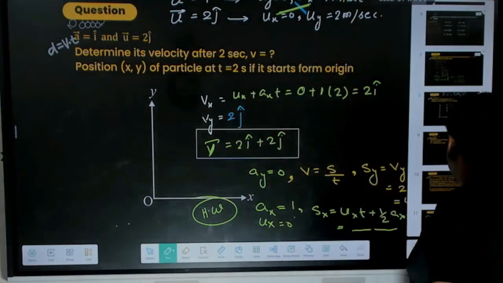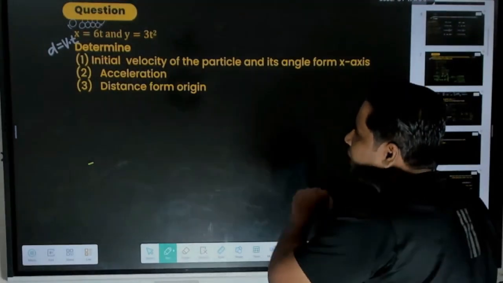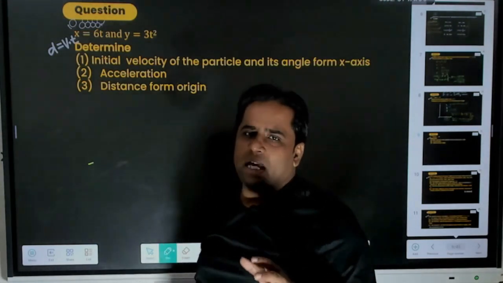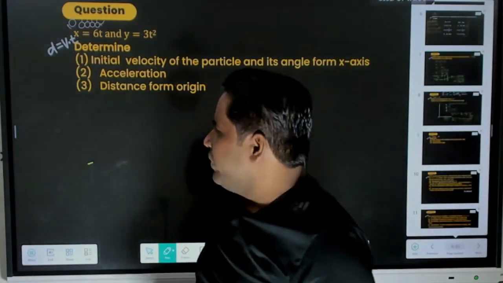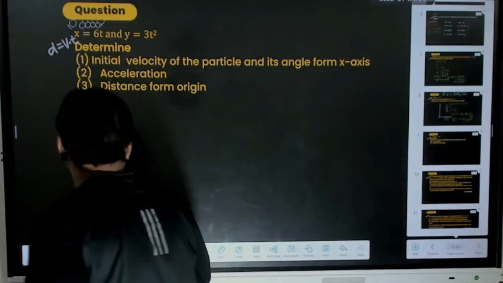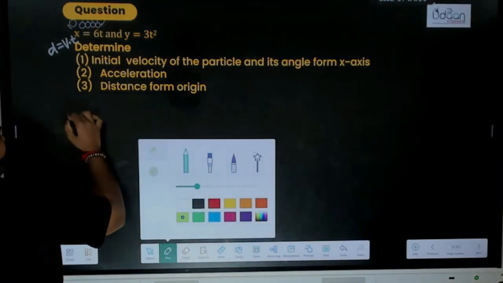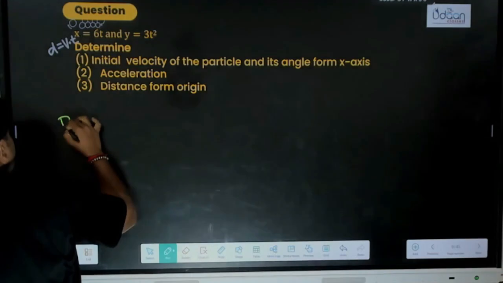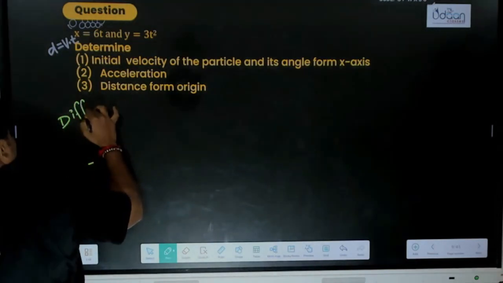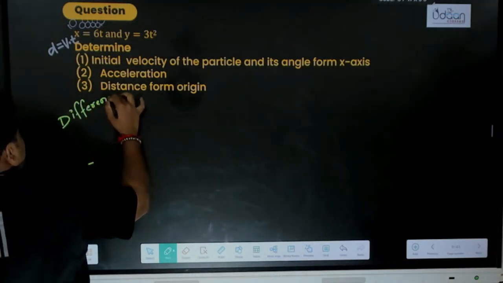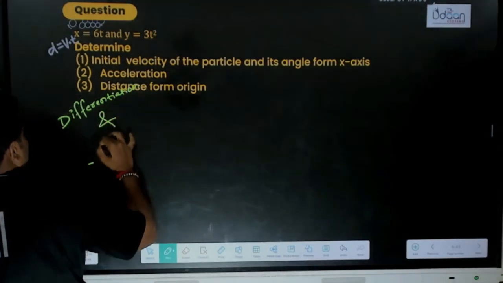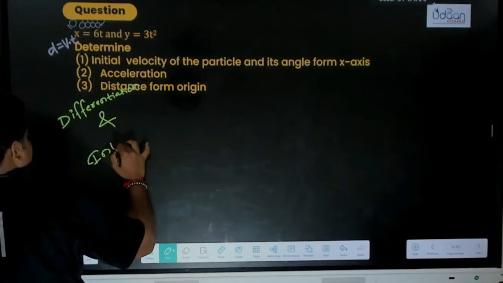But right now, in this case, you are finding that variables have been used. If variables are used, then definitely you need to go with differentiation and integration. If you know and understand differentiation and integration, then definitely you can solve this question. Differentiation and integration is very much required in this question.